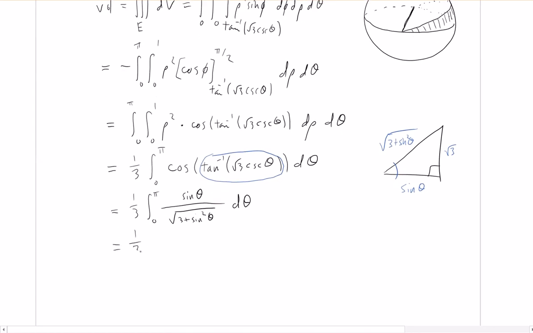But what we can do is use everybody's favorite trig identity, the fact that cosine squared plus sine squared equals 1. In the denominator there, I'm going to replace sine squared theta with 1 minus cosine squared theta. So this will become 3 plus 1 minus cosine squared theta.